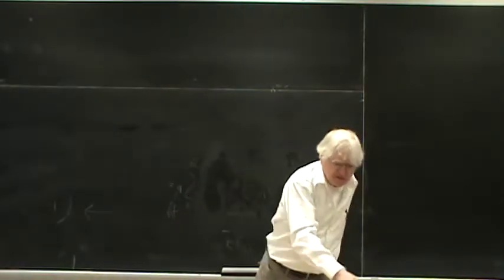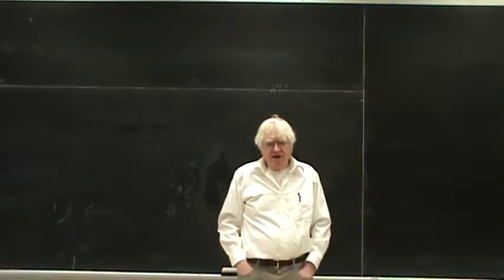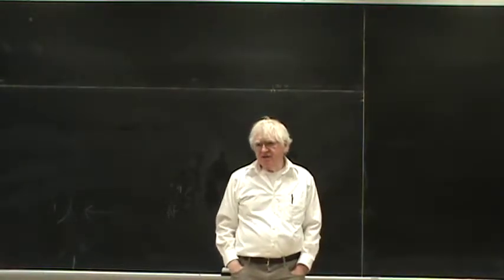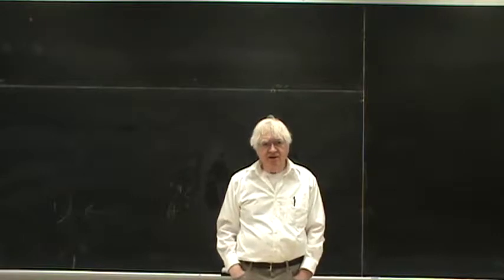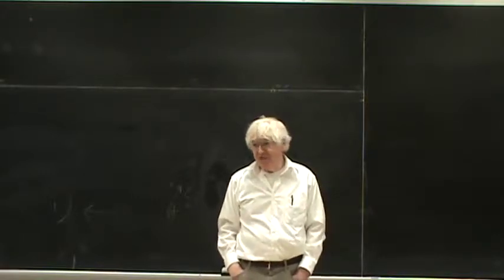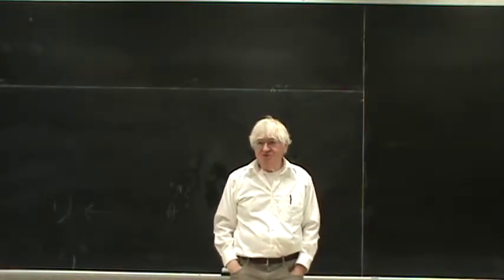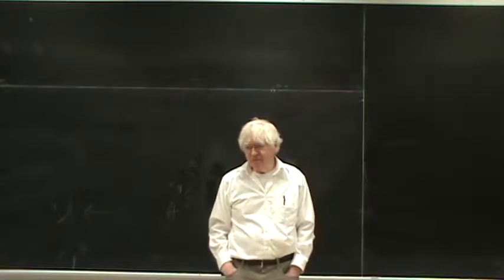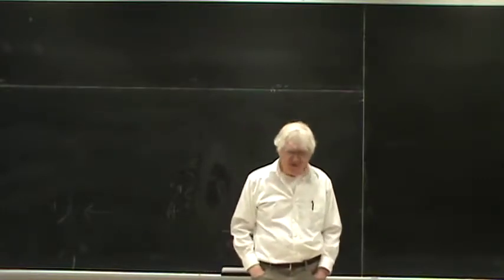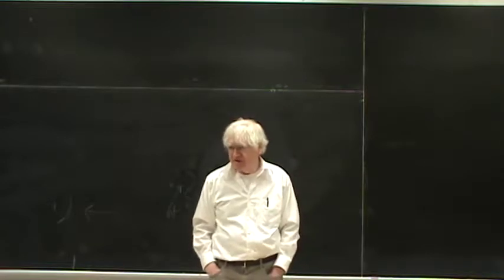I'm going to start by talking about renormalization in the only way that makes sense to me, which is, I think, equivalent, of course, to all the other ways of doing renormalization.